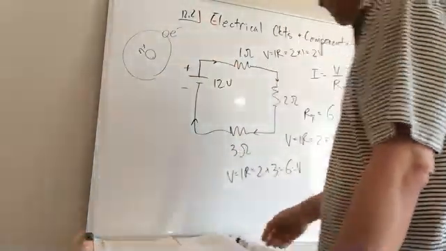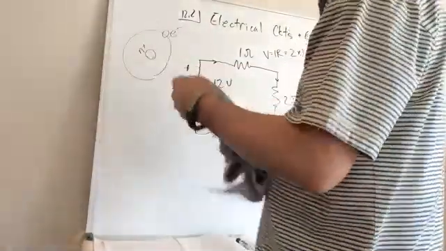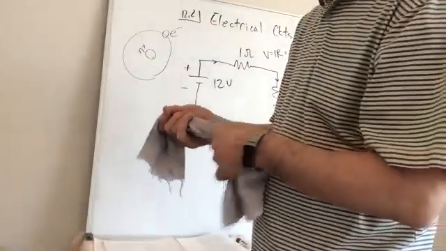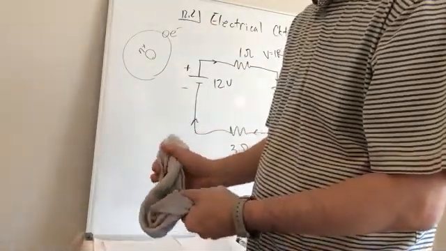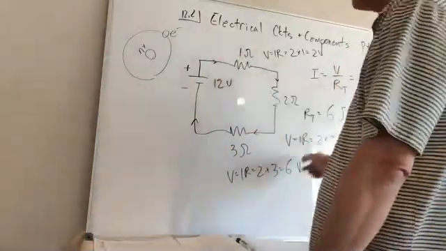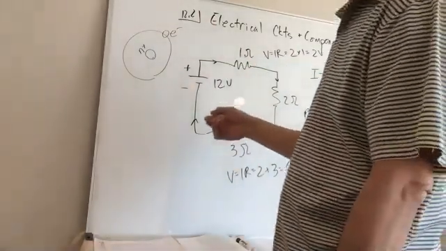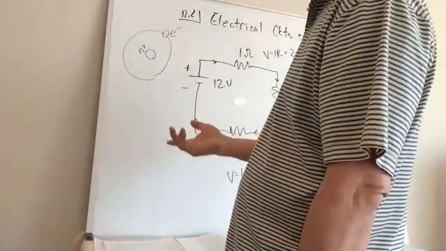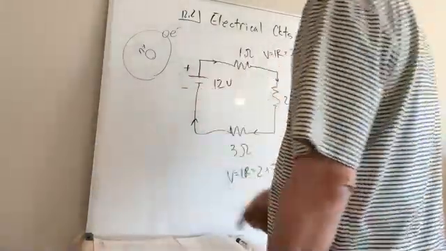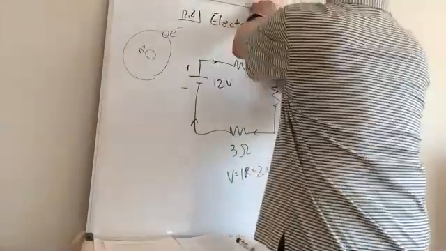Okay? And that's a quirk of science because people discovered current before they discovered electrons. They knew the current flow is this way, but they didn't know that current flow is actually the flow of electrons, and electrons actually flow the other way around. Just a tidbit there for you guys.